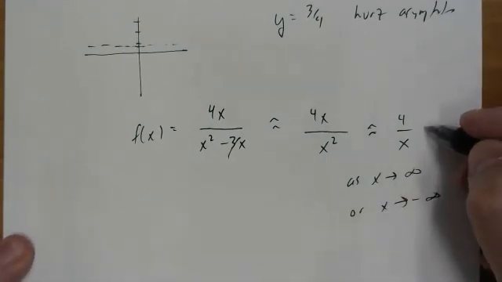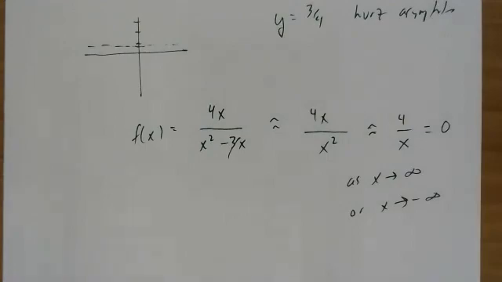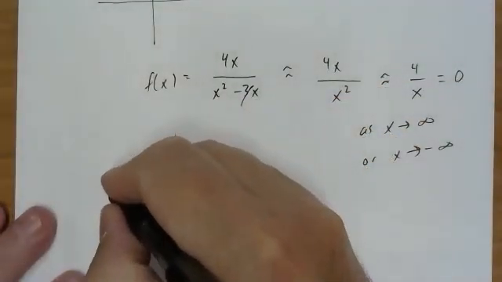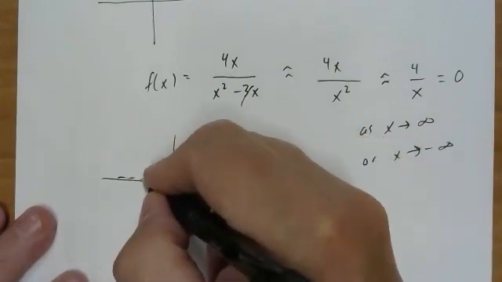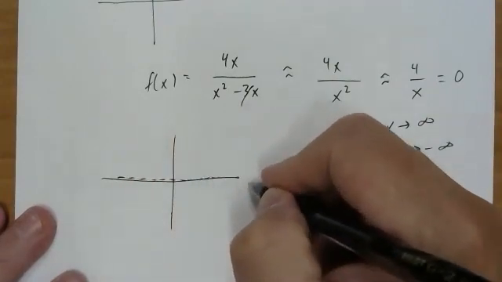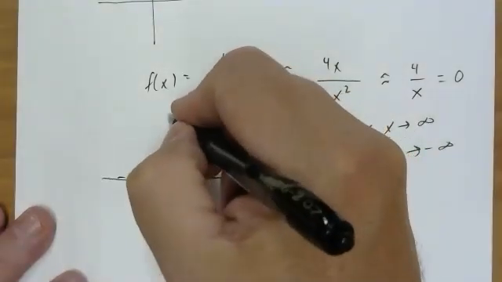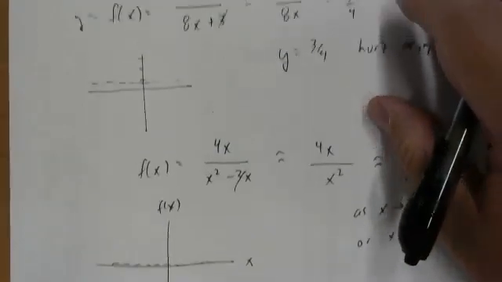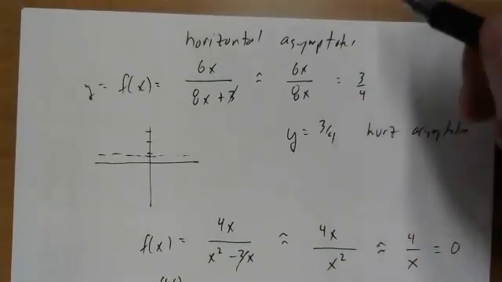Well, either way, it's got to be 0. So the horizontal asymptote is basically right on top of the x-axis.